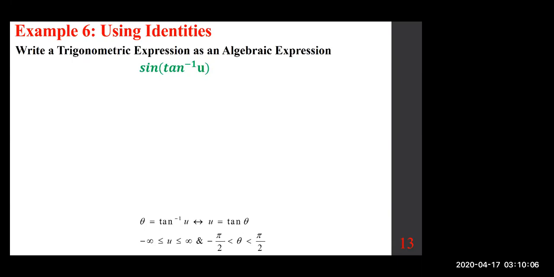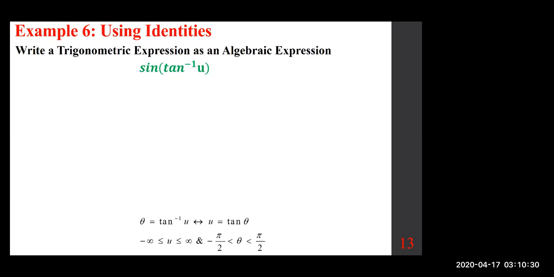So here's the next one we want to look at. We want to write the trigonometric expression when we are interested in finding sine of tan inverse of u, knowing that tan inverse of u represents something such as theta. That means tan theta is u and sine theta is missing.